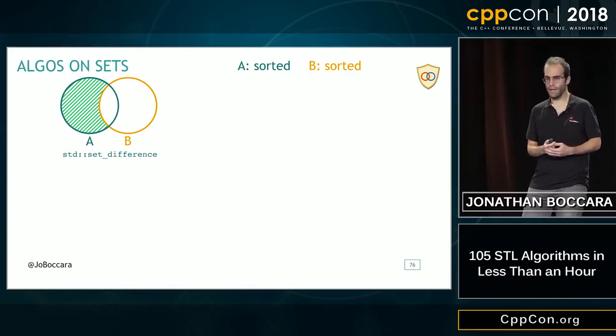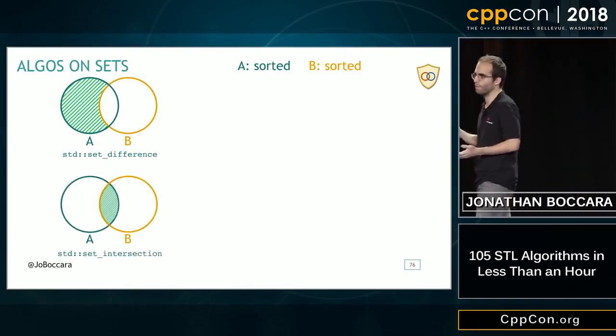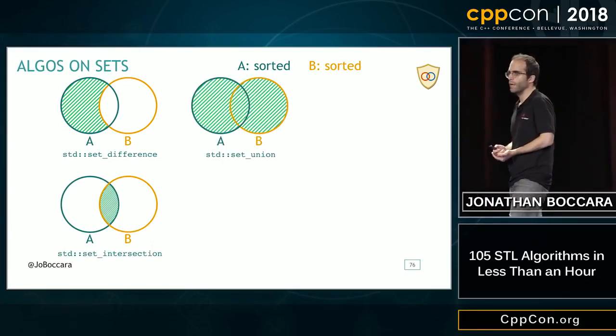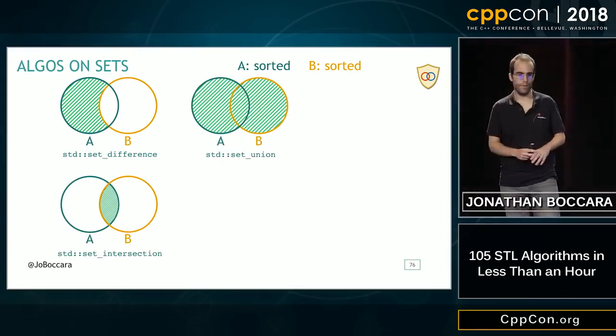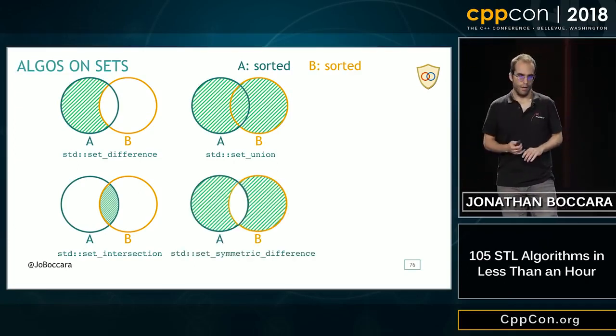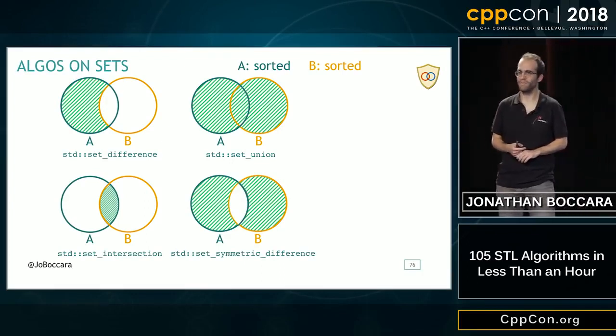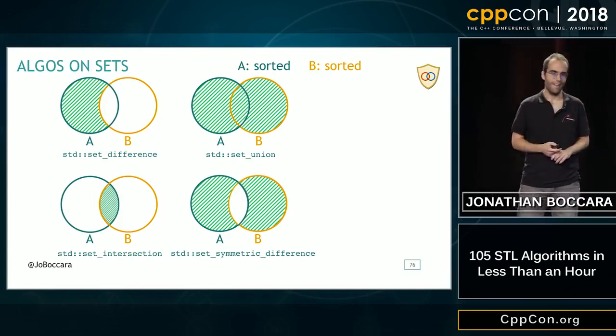set_difference has siblings. set_intersection, that returns the elements that are both in A and in B. set_union, that returns elements that are in A or in B, so everyone. set_symmetric_difference, which is, I think, the longest name. Yeah, it's the longest name in the whole library. Fun fact.